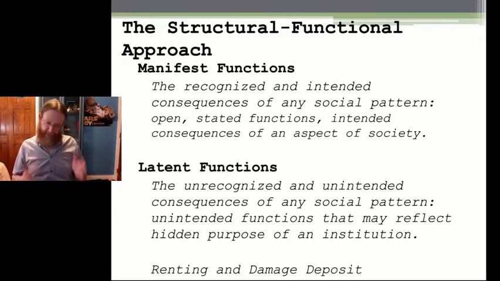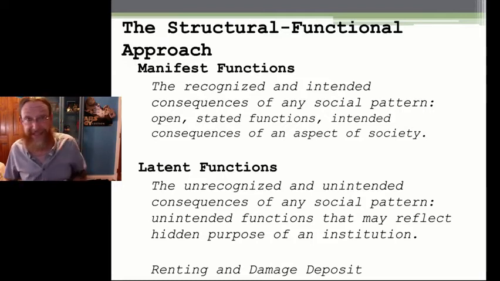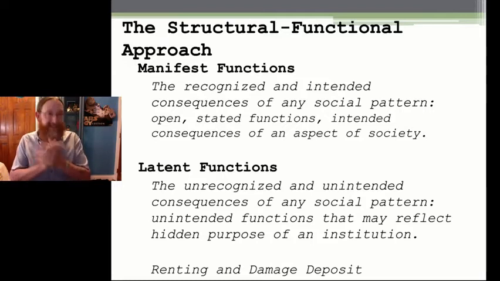And it's the intended consequences of any aspect of society. Now, as a sociologist, that's interesting to me, but what's more interesting is this: latent functions, right? The unrecognized, unintended consequences of any social pattern. And here's what I like: unintended functions that may reflect the hidden purpose of an institution. Woohoo! As a sociologist, you've already got me, right?